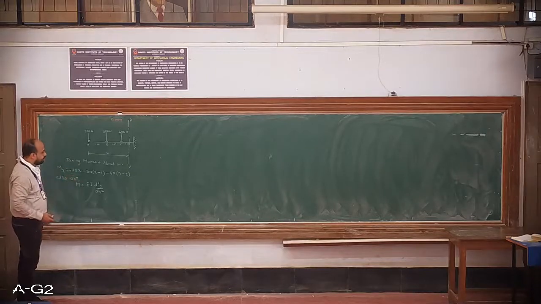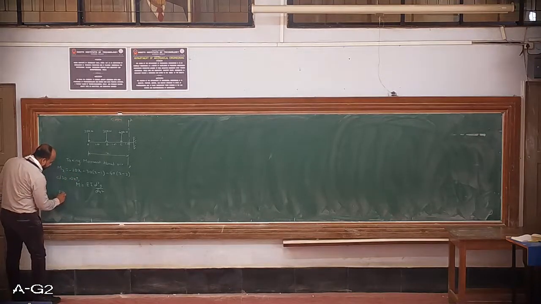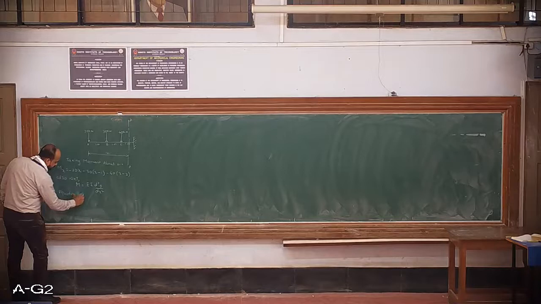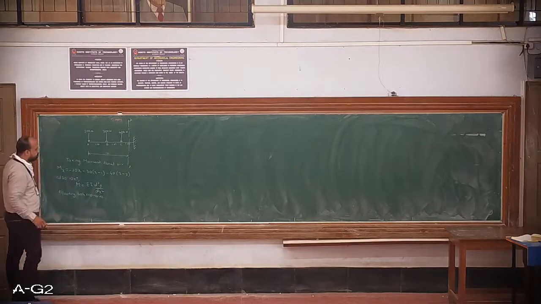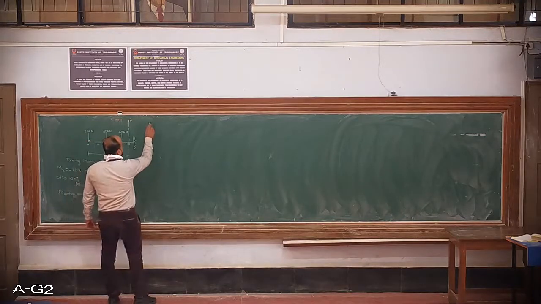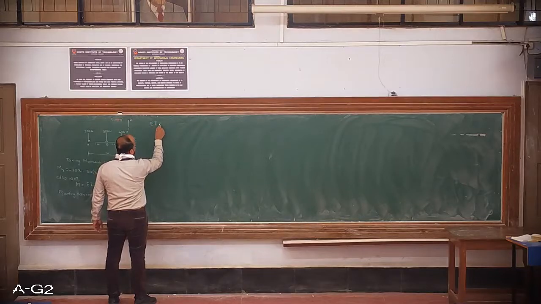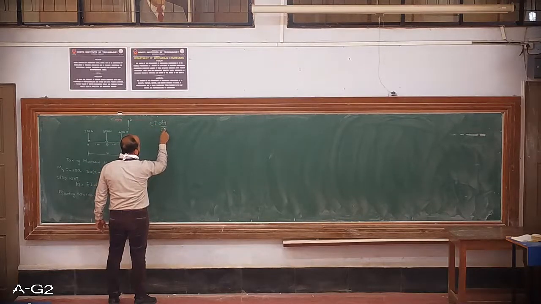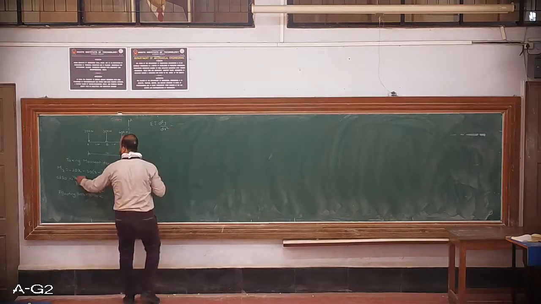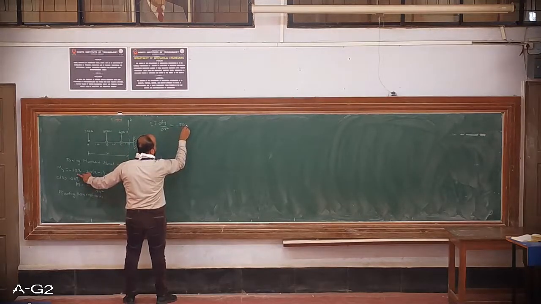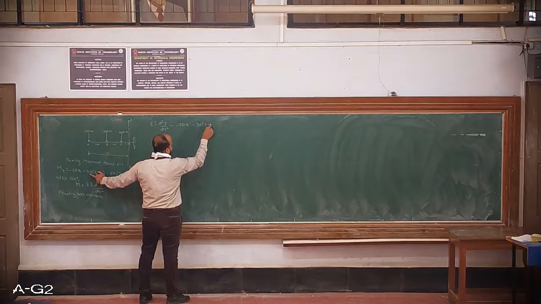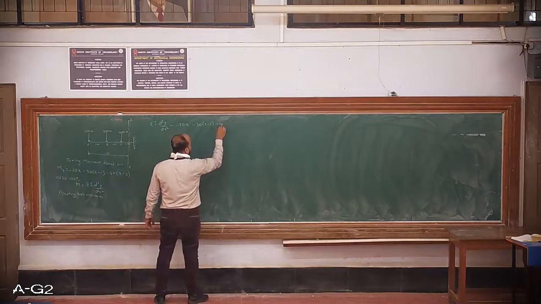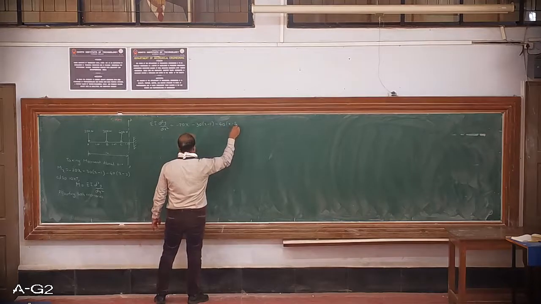So equating both moments, I will write here EI d square y by dx square is equal to minus 20 into x minus 30 into x minus 1 minus 40 into x minus 2.